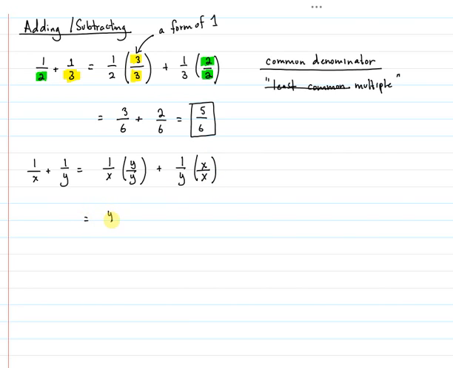That's going to give me y over xy plus x over xy, which is just y plus x over xy. Or I prefer to write x plus y over xy. I try to keep my variables in alphabetical order.